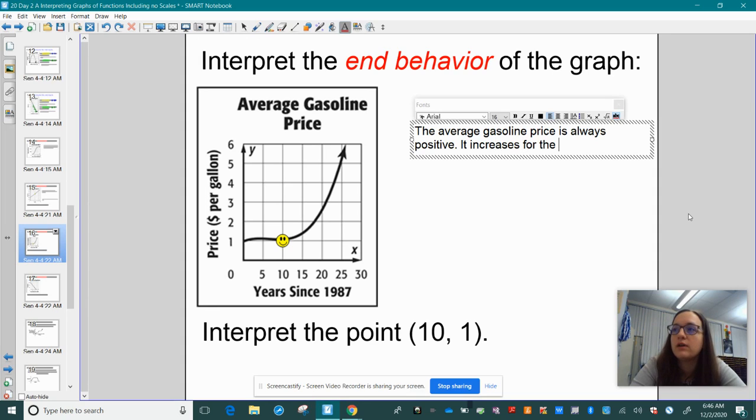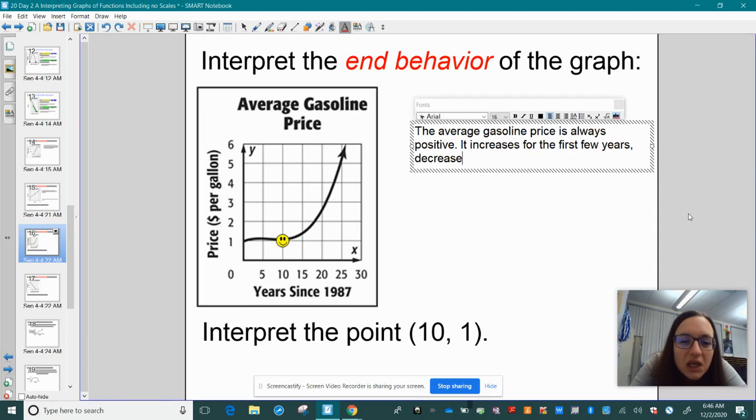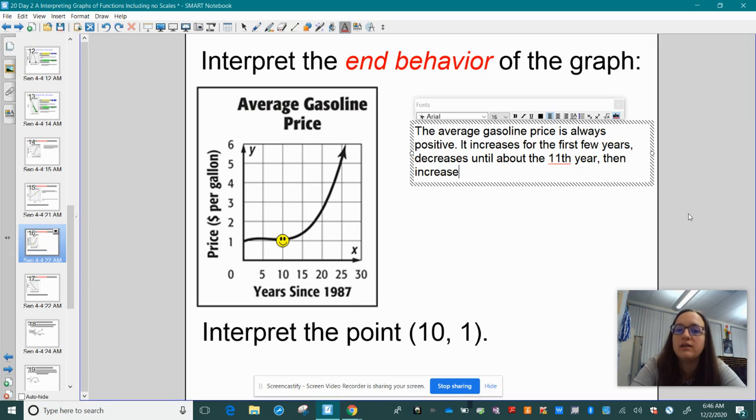It increases for the first few years. Oh, I guess it does decrease a little bit. Oh yeah, you can see it. Decreases until about the 11th year. Then it increases.